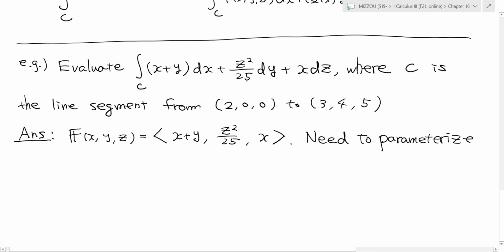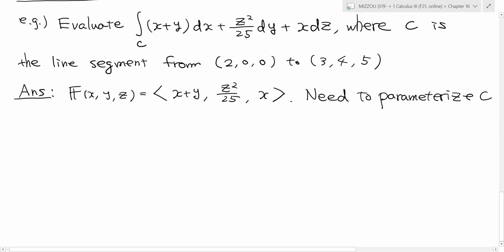We need to parameterize the curve C, namely the line segment C. But how? Well, here's a way to do it. Think this way.